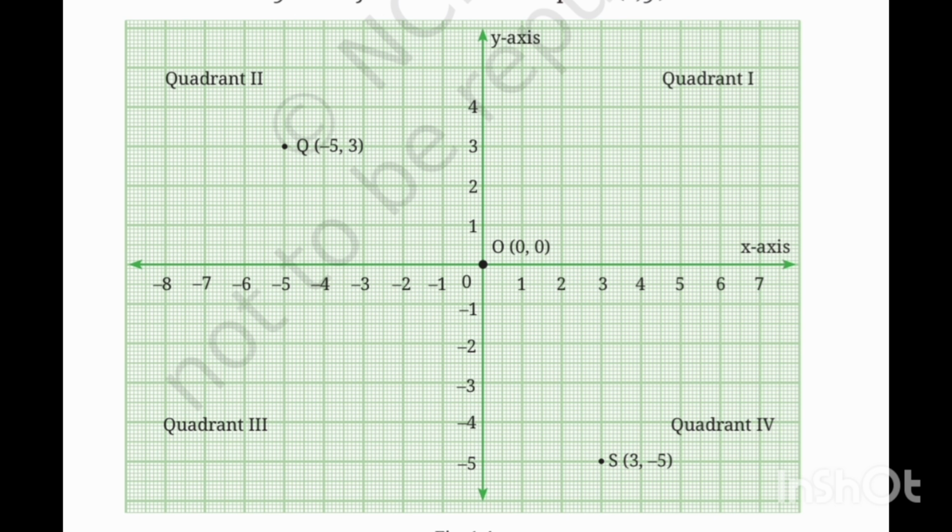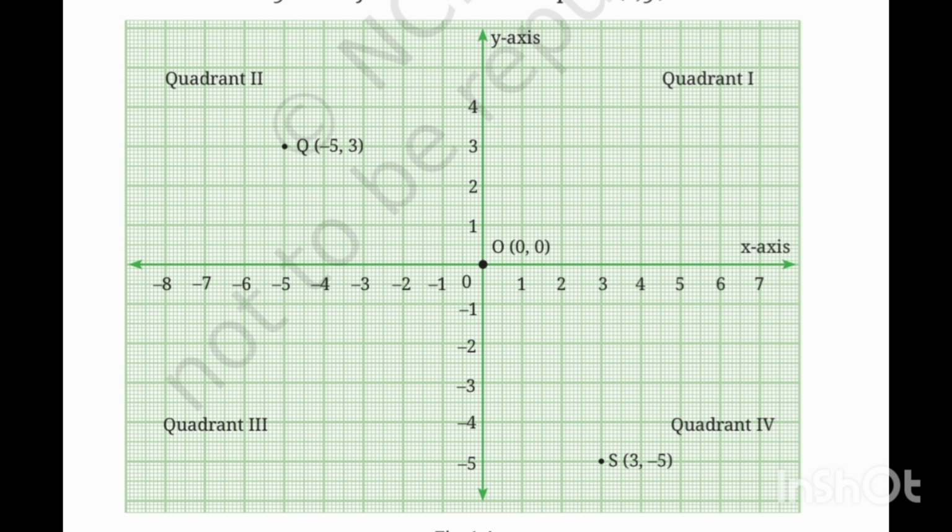Now we are going to learn the four parts, the quadrants. This graph is divided into four parts: quadrant 1, quadrant 2, quadrant 3, and quadrant 4. In quadrant 1, both are positive numbers.